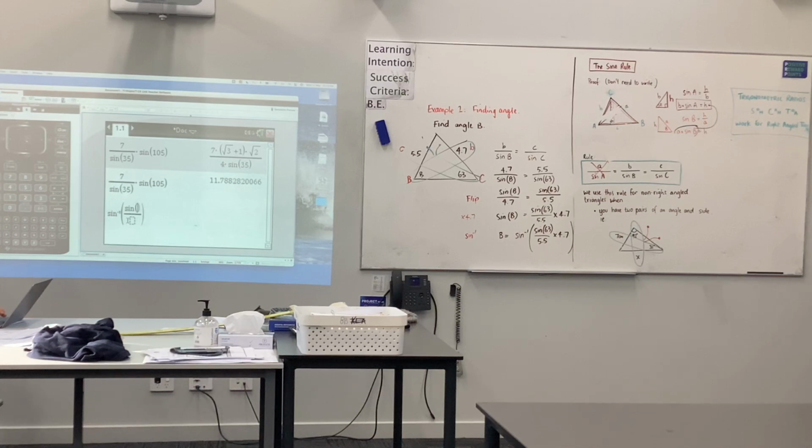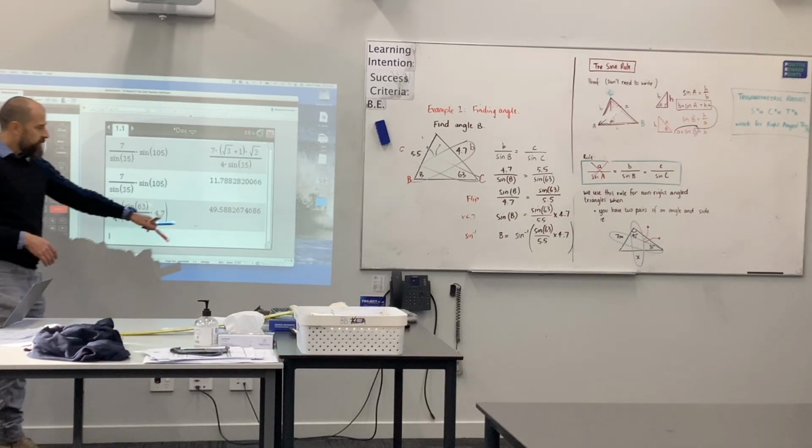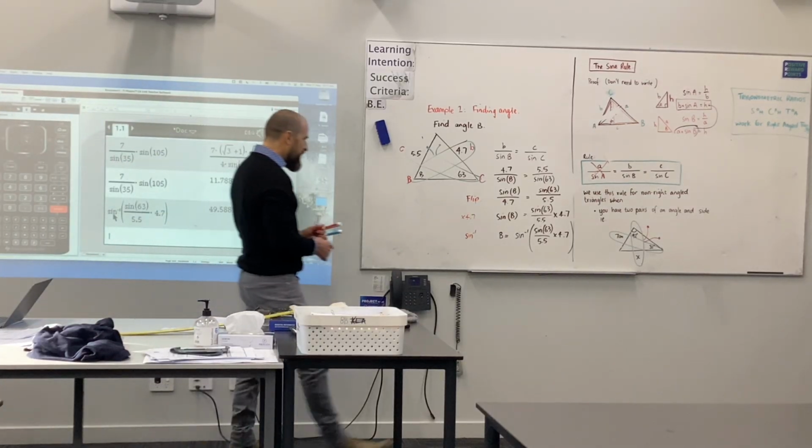Sine 63 over 5.5 times, what was my other number, 4.7. And then I hit enter, and my calculator's automatically given me a decimal this time. We get 49.58.